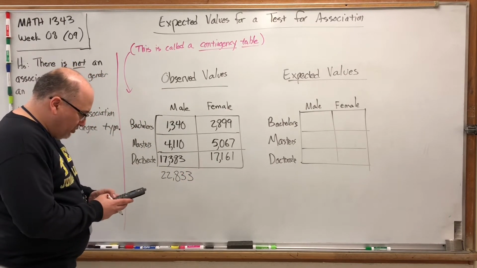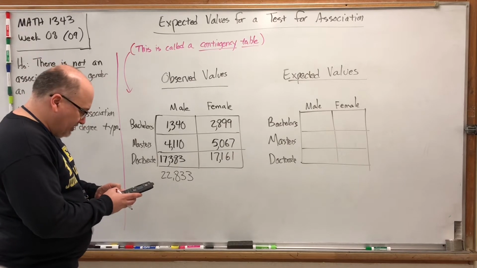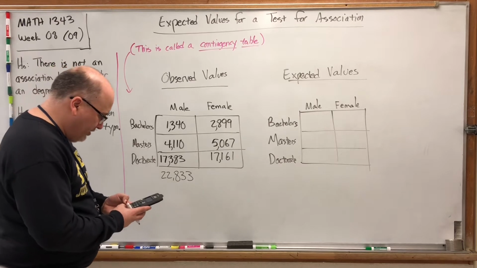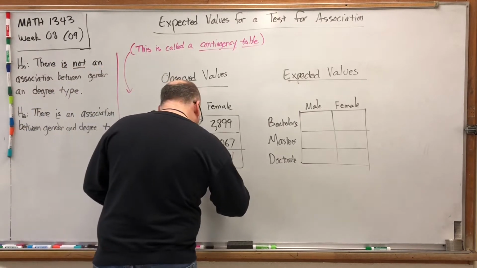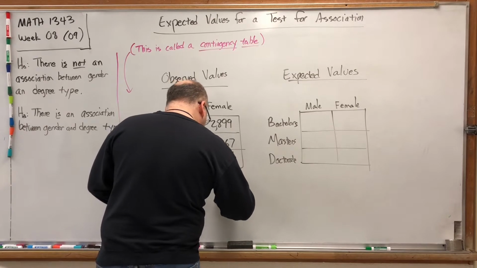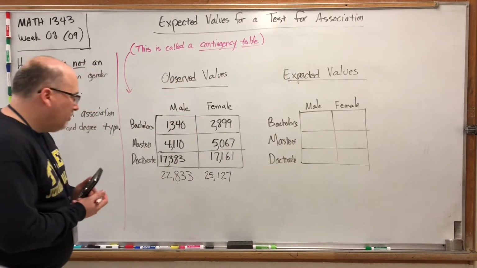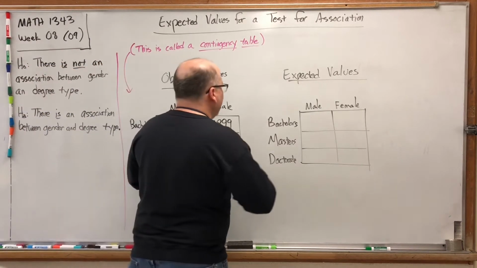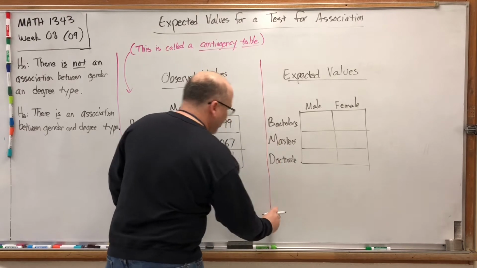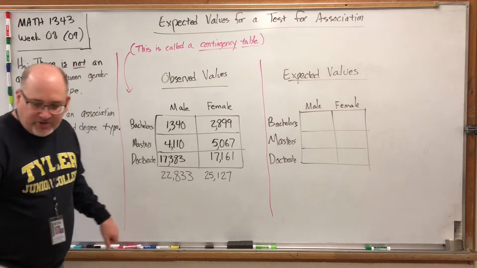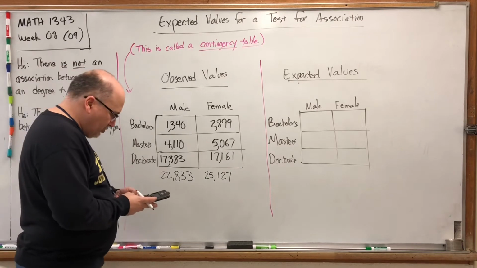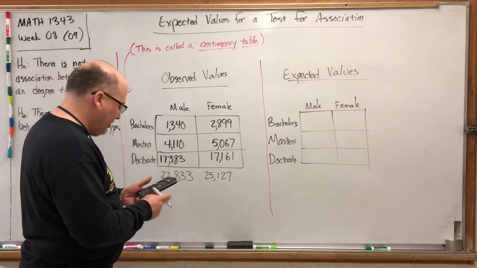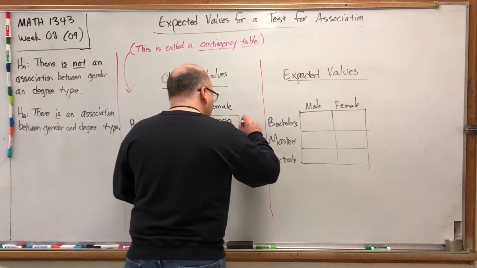And for the females, 2,899 plus 5,067 plus 17,161 is 25,127. But if we also take the total for the number of each type of degree and write that to the right of the contingency table, the total number of bachelor's degree recipients was 1,340 plus 2,899, which is 4,239.